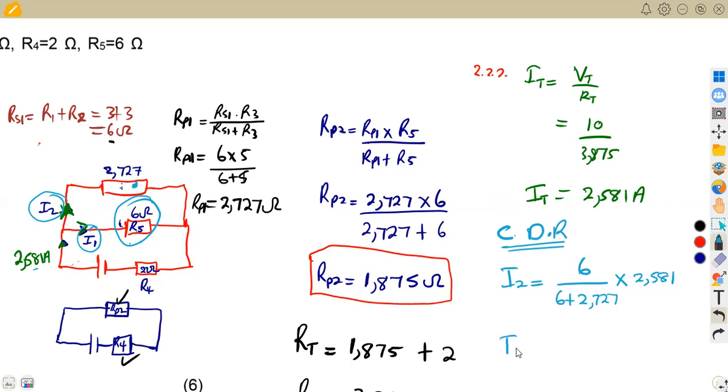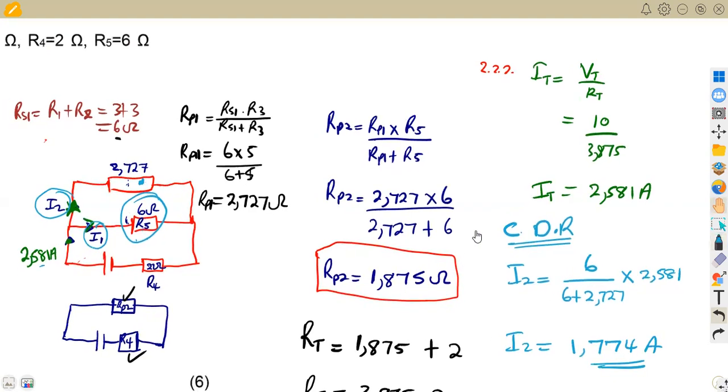All right, so that's our I2, which is going to give us something like 1.77449, so it's 1.774 amps. This is current measured in amps in this case.